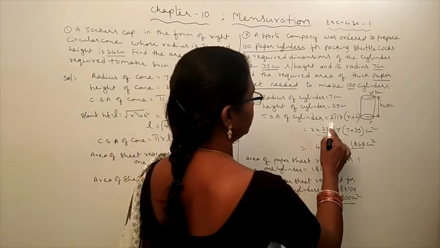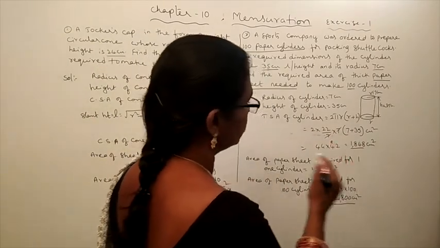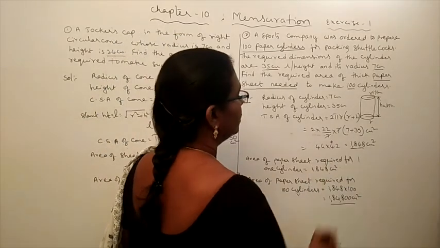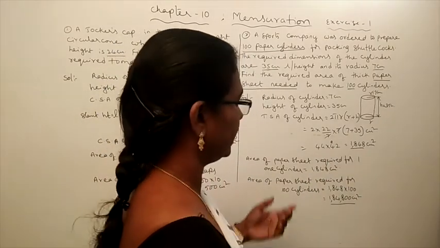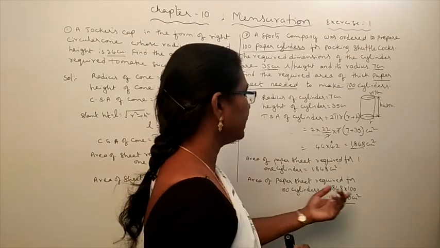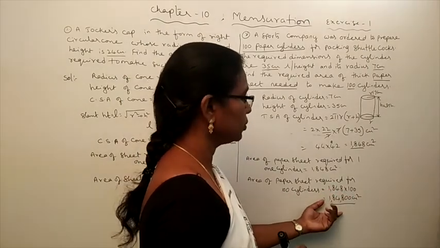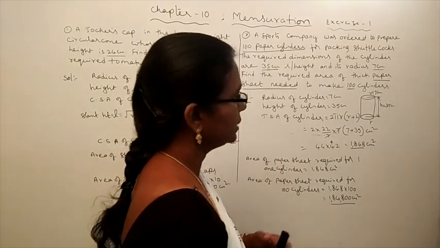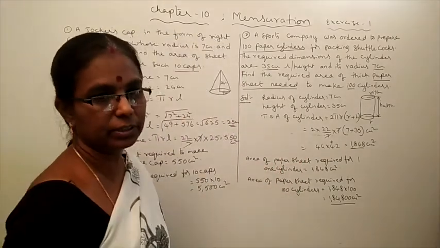Then what is the formula? 2 pi r into r plus h. If you substitute r and h, you will get the area for one cylinder. For one cylinder, that is how much paper area you require. Then if you multiply with 100, you will get the total area of paper sheet required to make 100 cylinders. This is the Exercise 1 clues.